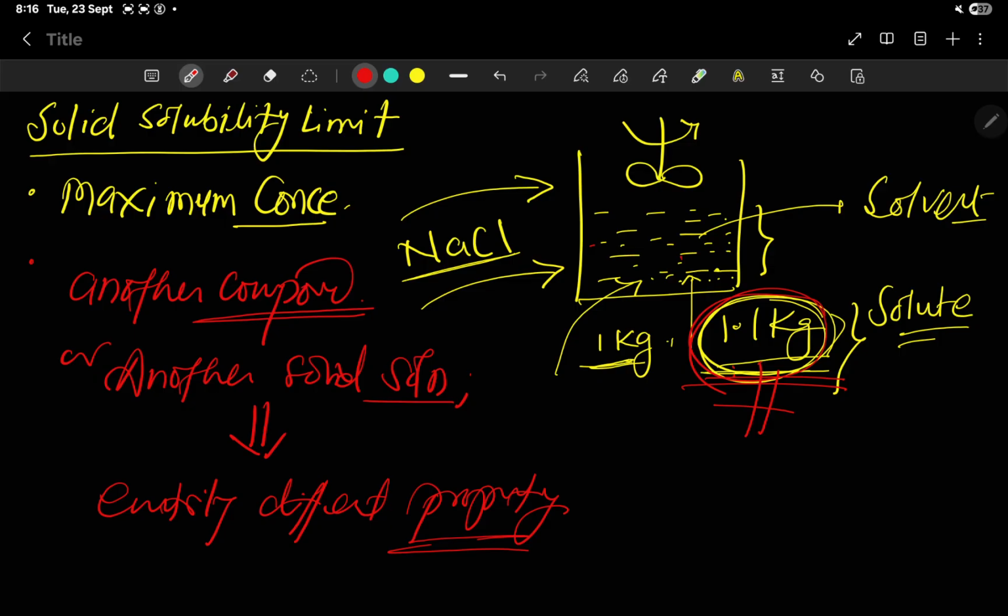So this is the brief concept about solid solubility limit. These things we will need in future classes, in further classes.